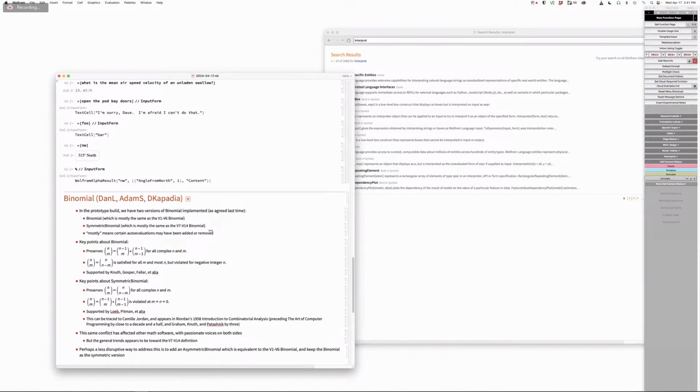Okay. So right now we have two versions of binomial in the prototype build. We have binomial, which is basically the version 1 through 6 guy, and symmetric binomial, which is basically the newer guy.